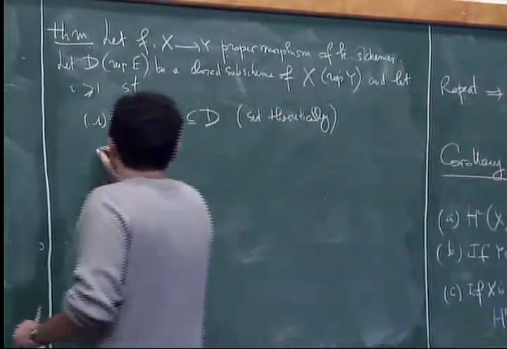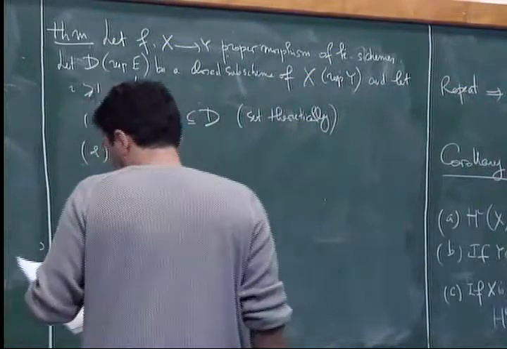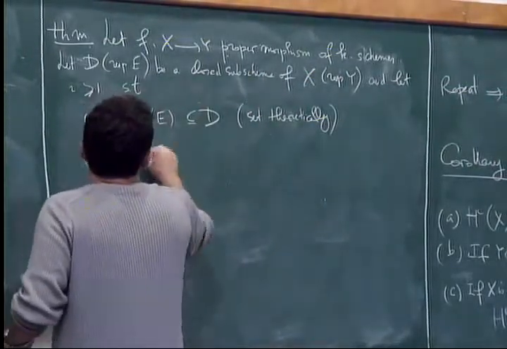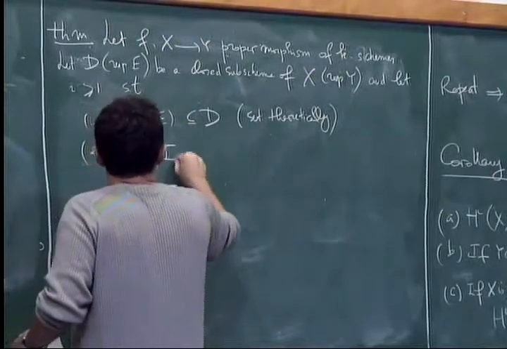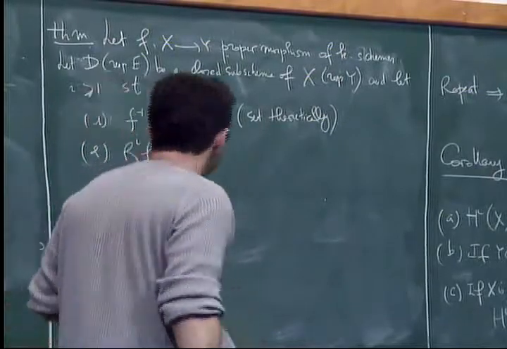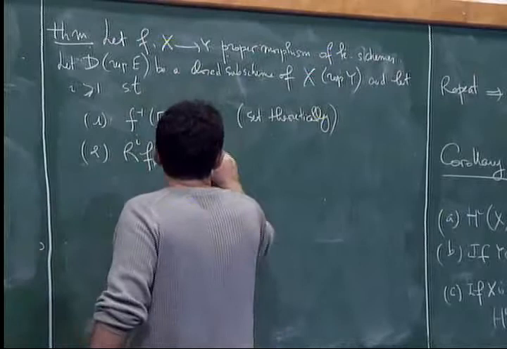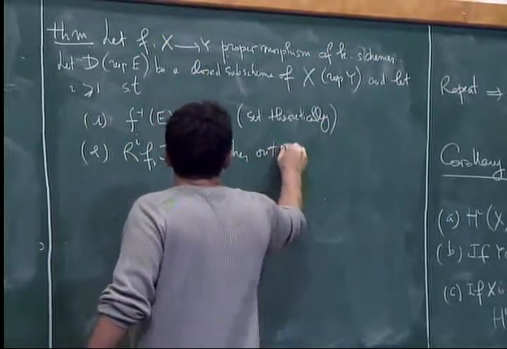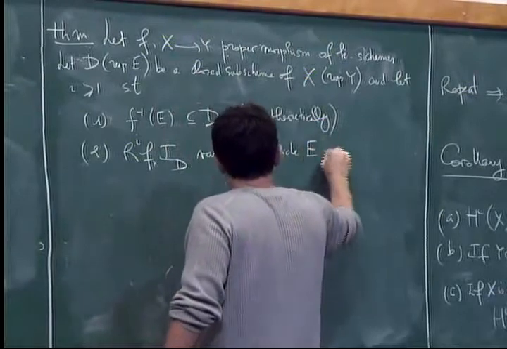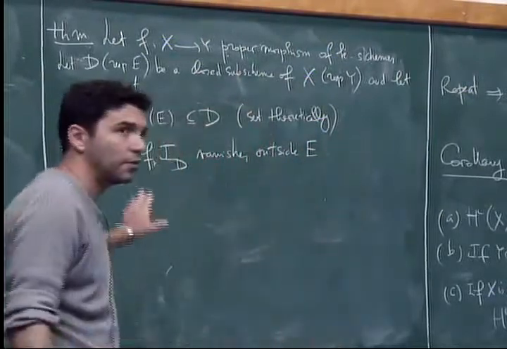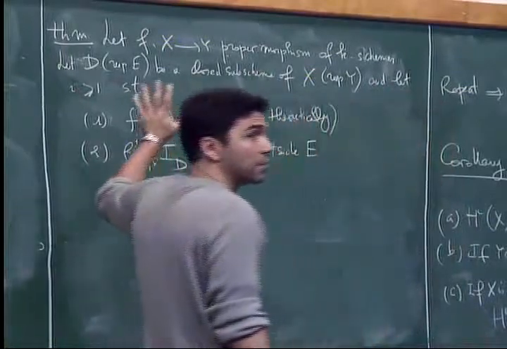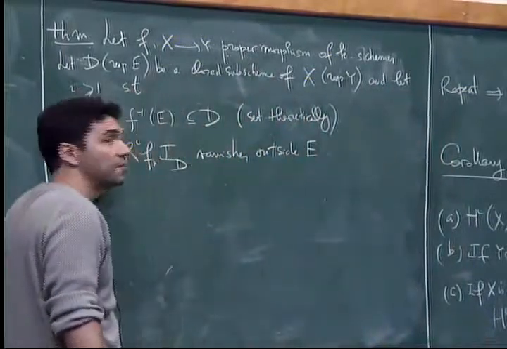So assume that the R^i f_* of the ideal of D vanishes outside E. So you have to think about the case of a birational morphism. D is the exceptional locus, so you get this condition for free.